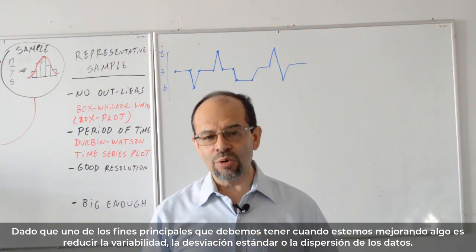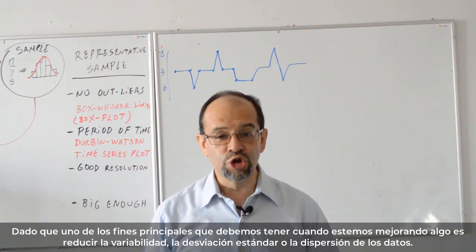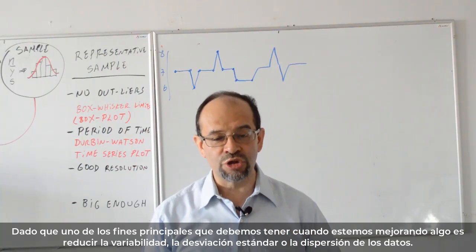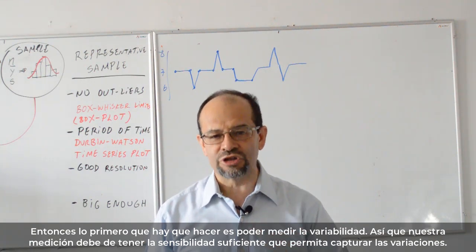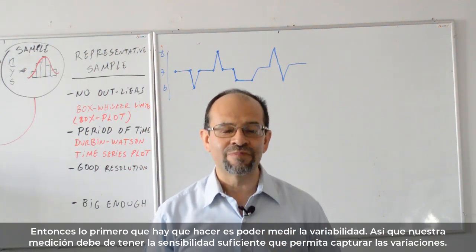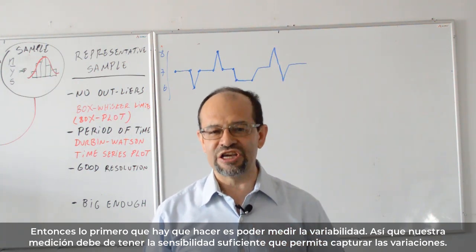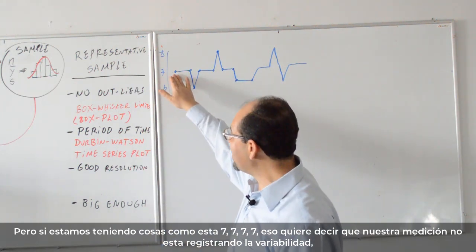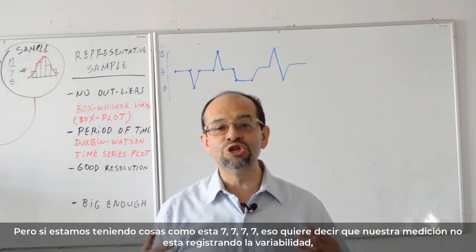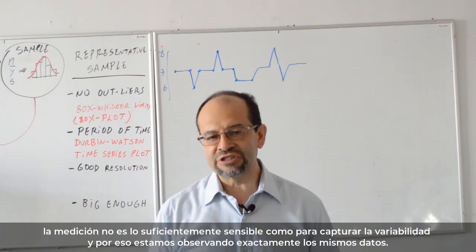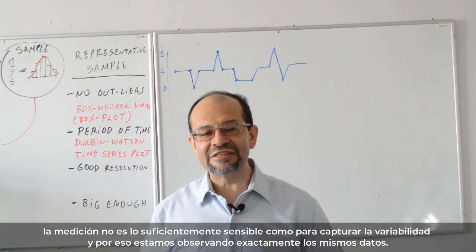One of the main objectives when improving anything is to reduce variability, to reduce the standard deviation, to reduce the spread of the data. The first thing is that we should be able to measure the spread, the variability. So our measurement has to have the sensitivity to catch the variations. But if we have things like 7, 7, 7, 7, that means that our measurement is not sensitive enough to catch the variabilities, and we are observing exactly the same data.